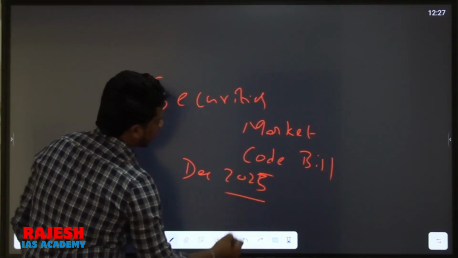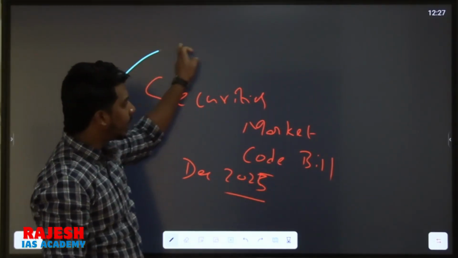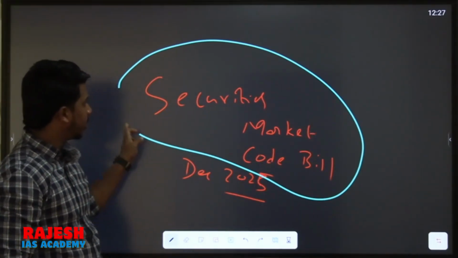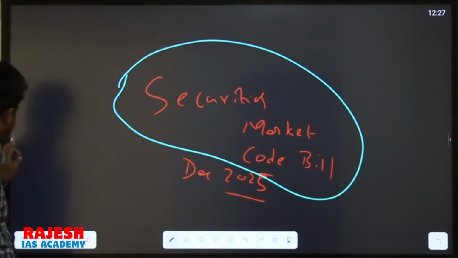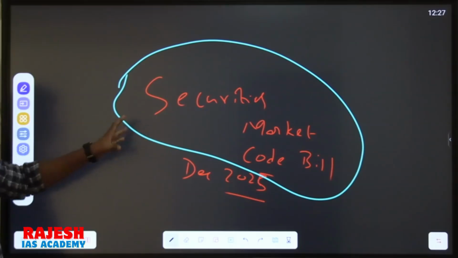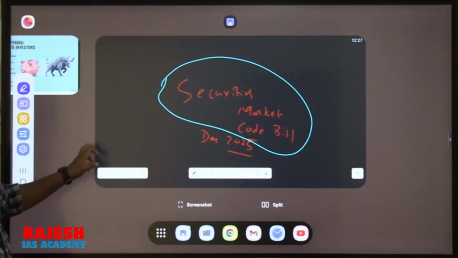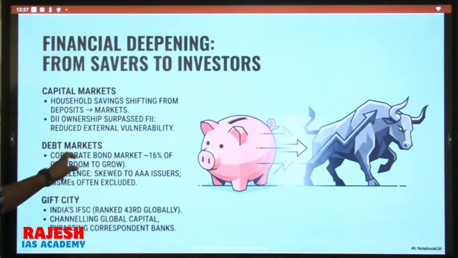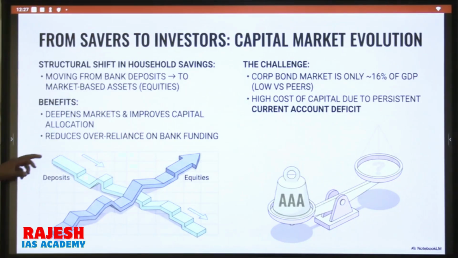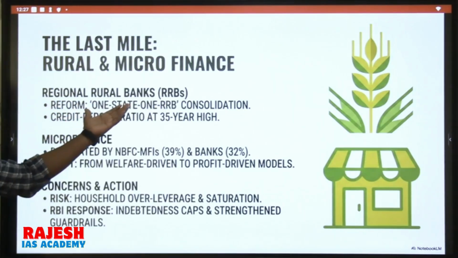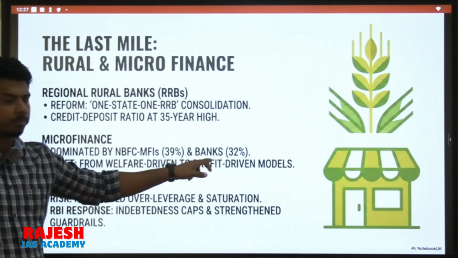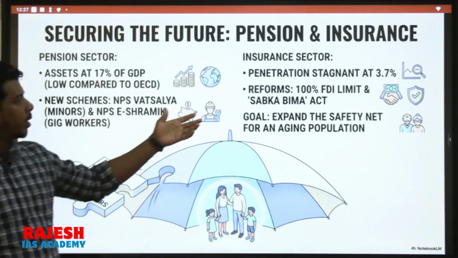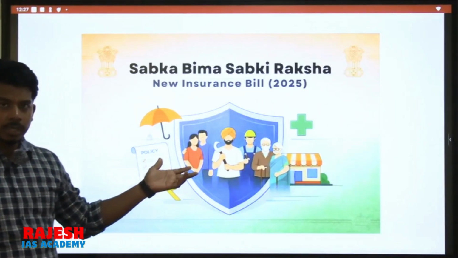So there is a new law coming in the securities market also. So we are reforming the securities market. We are reforming RRBs, consolidating under the one state, one RRB policy. Then we have brought a new act in the insurance sector.